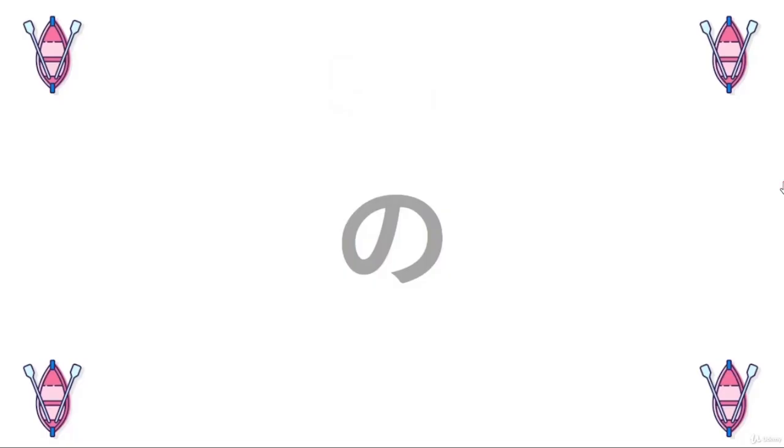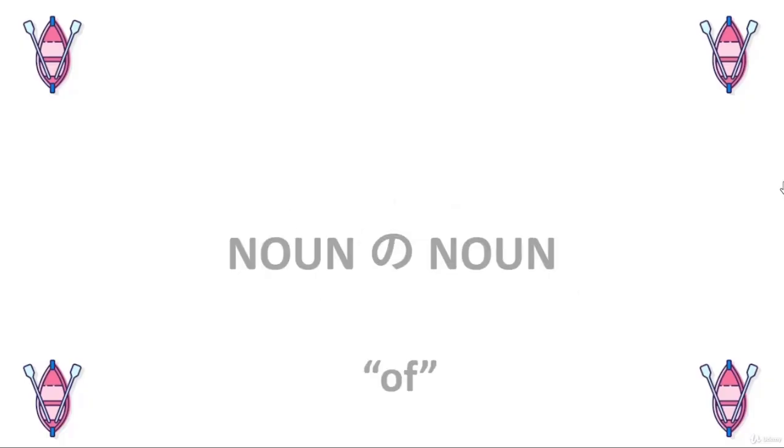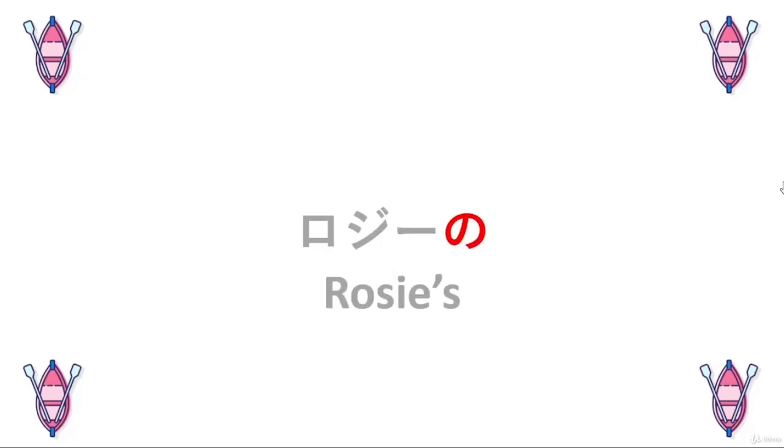Particle no. So this is a modifying particle. It is pronounced as no and it indicates possession, that something belongs to someone, okay? So we can translate it as of. Let's take a look. If I want to say Roji's, I would say roji no, okay?